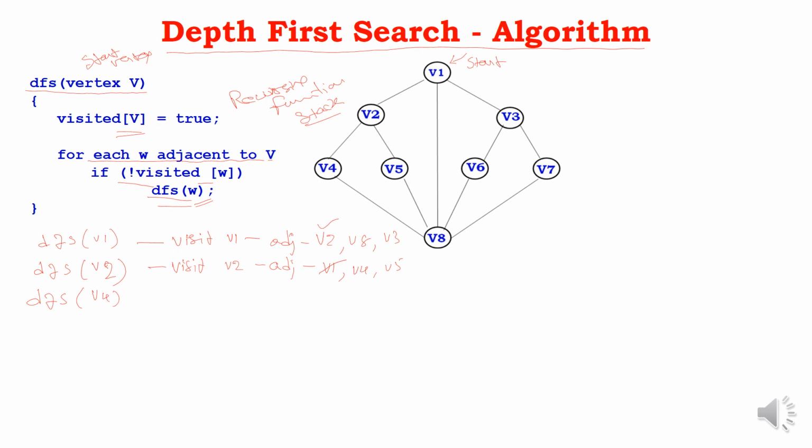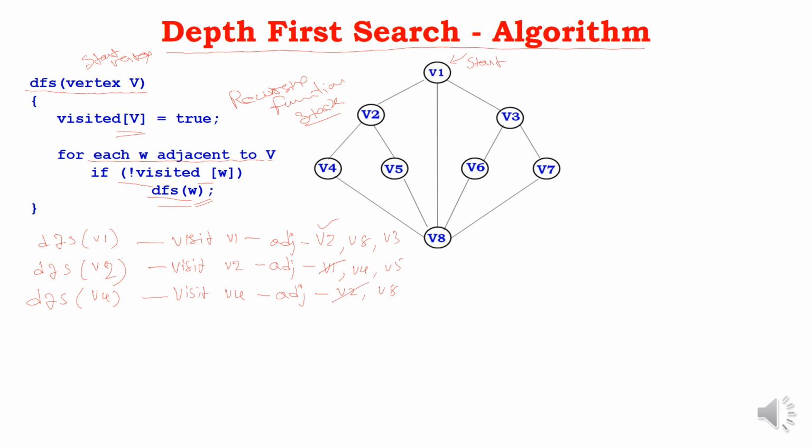V4, DFS V4. What happens if you call the DFS function again? All these instructions will be executed. Visit V4. Then it finds unvisited vertices. Adjacent vertices of V4 are V2 and V8.